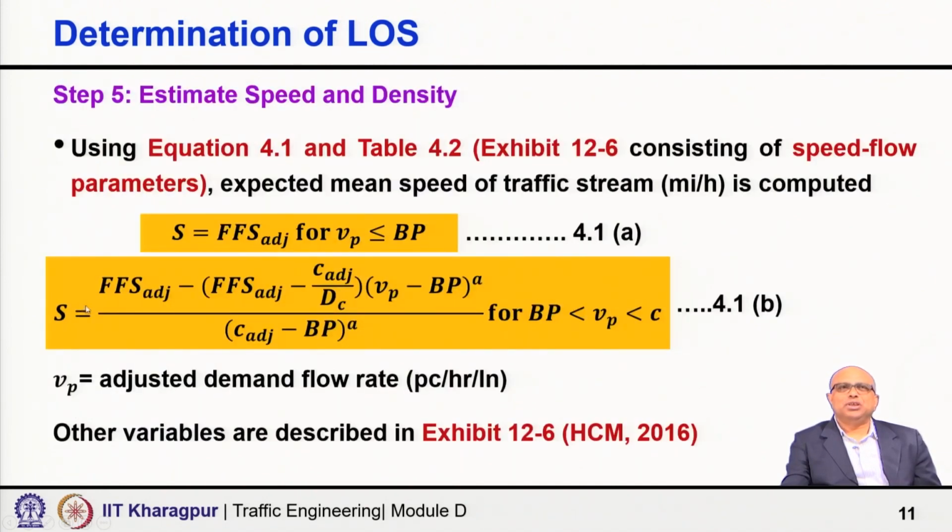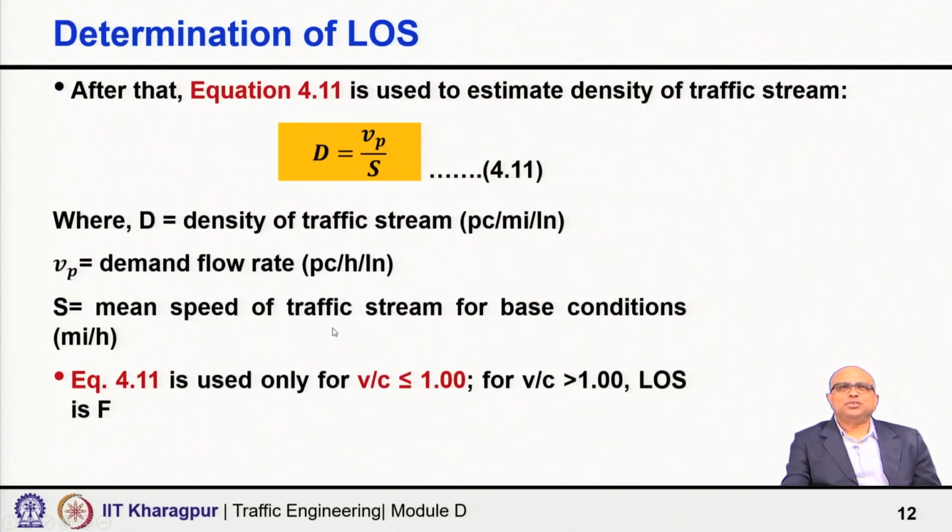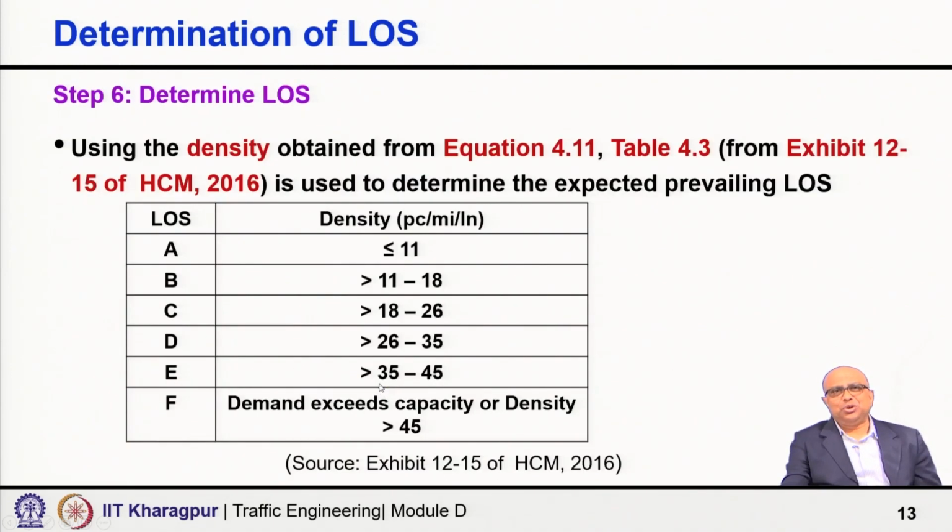This equation will give you the speed. The speed is known and the equivalent hourly flow rate in passenger cars per hour per lane is known, so we can simply divide flow by speed to get the density. Now, the density is known.